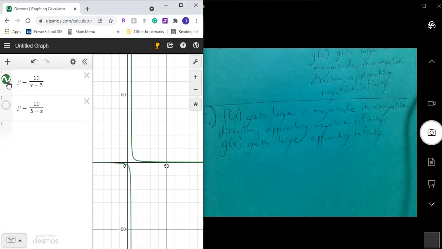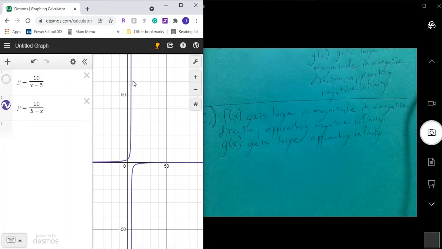Now for g of x, approaching from the left side, as we approach the vertical asymptote, the y values continue to go up, so it's going towards infinity.